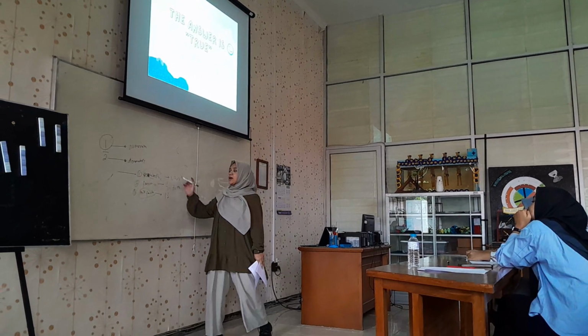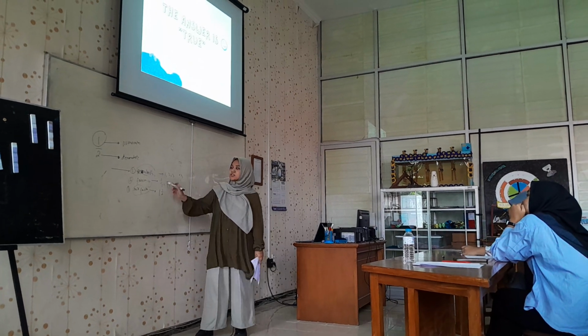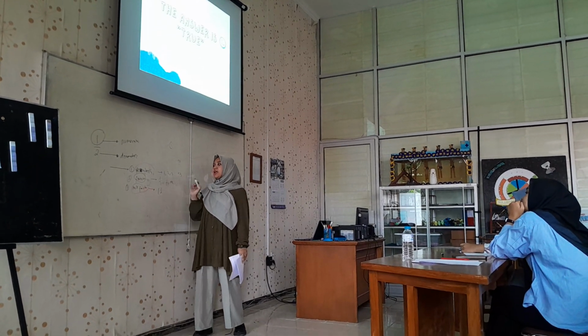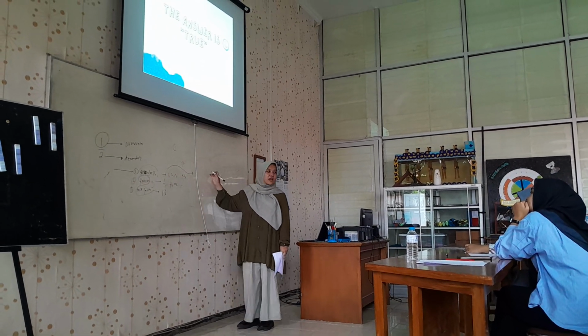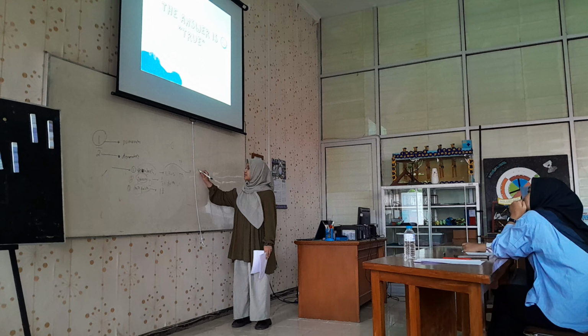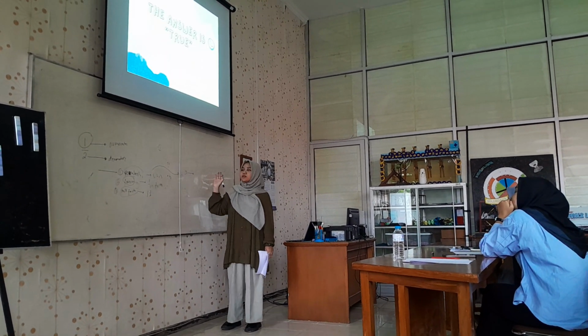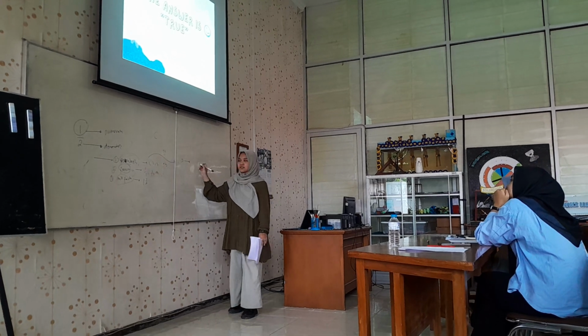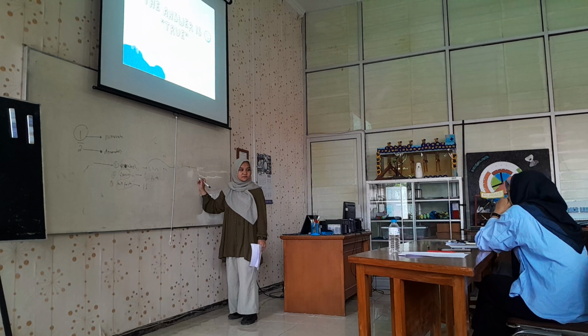If there are whole numbers and mixed fractions in the multiplication of fractions, we can change them to common fractions. For example, if I have 3, what is the common fraction? 3/1.